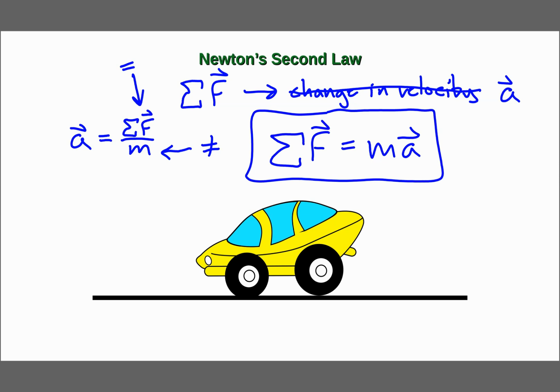The first thing to look at here, as always, is the units, okay? If we look at the right side of the equation, we notice that we have kilogram meter per second squared. And the unit of force is named after the man himself.